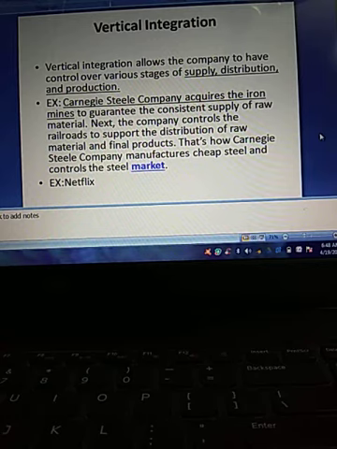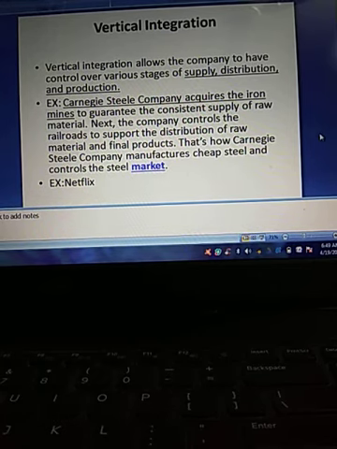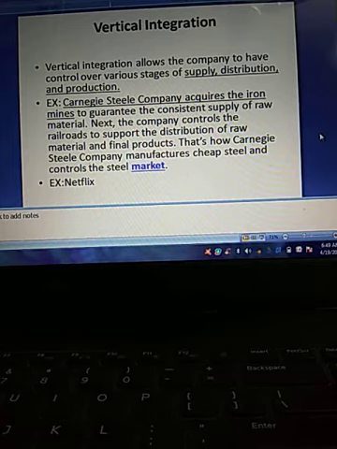Suppose a car manufacturer also owns the outlets which sell the cars, you call that vertical integration, one step ahead. In the same way, if the same car company owns a factory which produces tires or electrical parts, you call this backward integration.